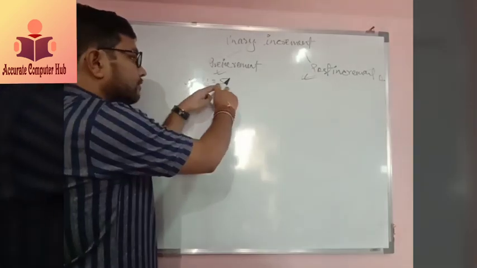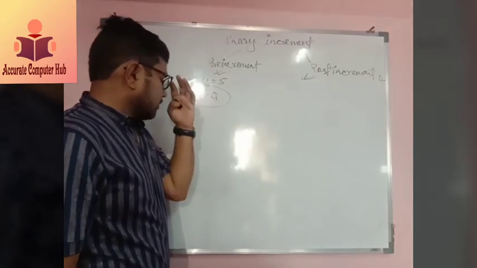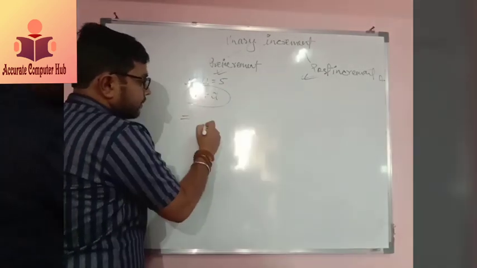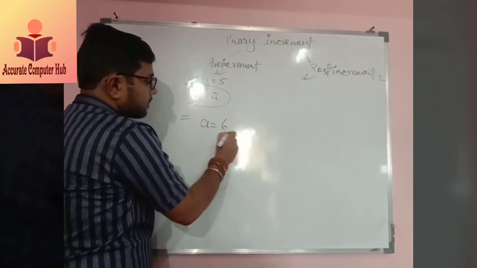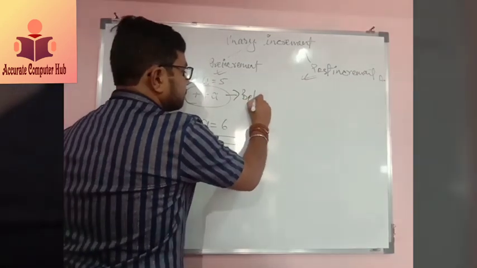First, if the value is given a equals to 5 and the question is given ++a, now what will be the changes? The value of a will be 6. This is called before operation.